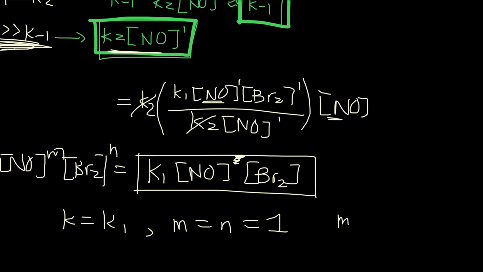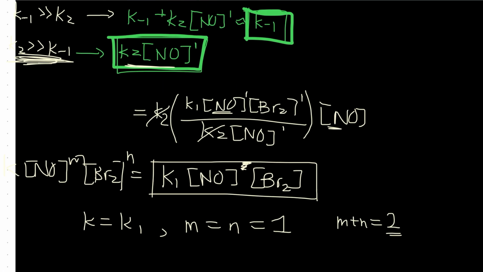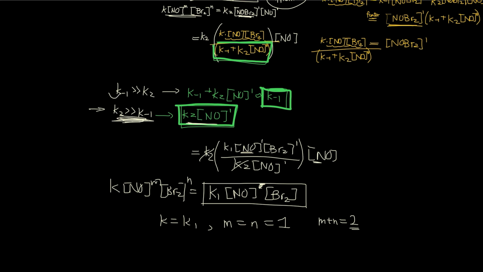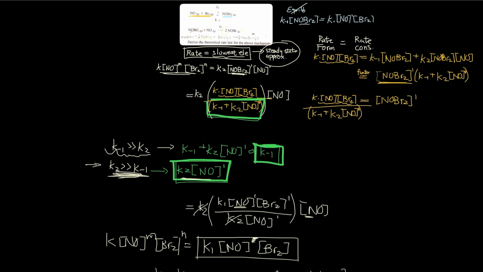And since M plus N is the overall reaction order, this reaction order is 2. And if you use the other restriction, this extreme circumstance, you'll find that the overall reaction order is 3. So overall, this equation could be between an overall order of 2 or 3.